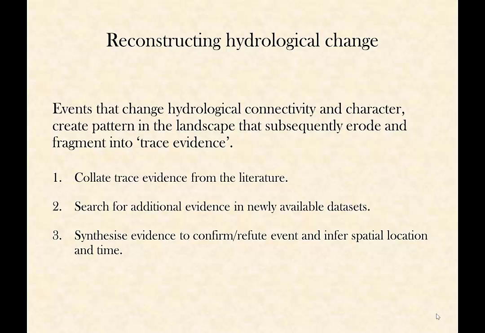But one of the problems we have, of course, if we go back to the time lecture, is that events in the past create pattern in the landscape, but through time that pattern is eroded and fragmented as volcanoes explode and dump a kilometre of lava on top of the evidence, for example, or it's eroded away by high levels of erosion.